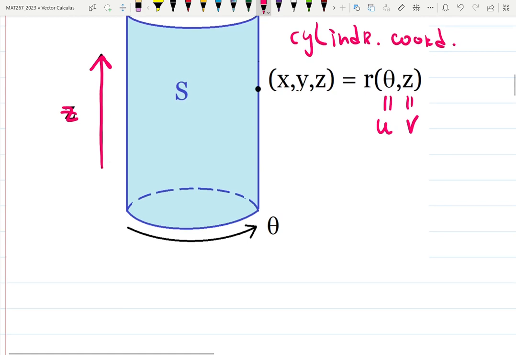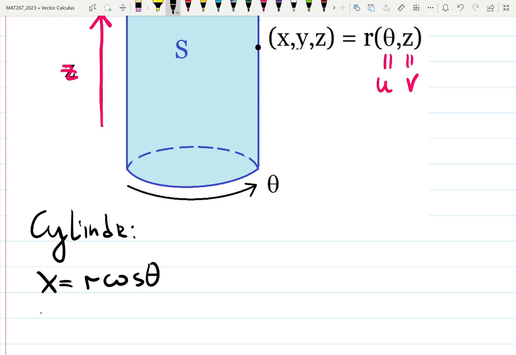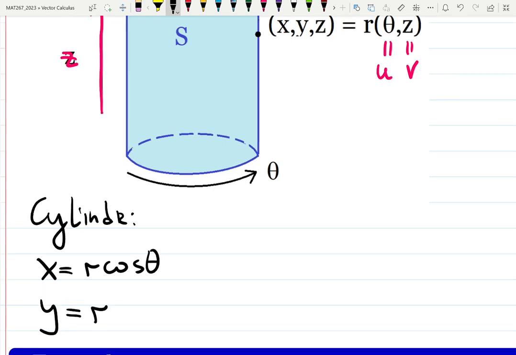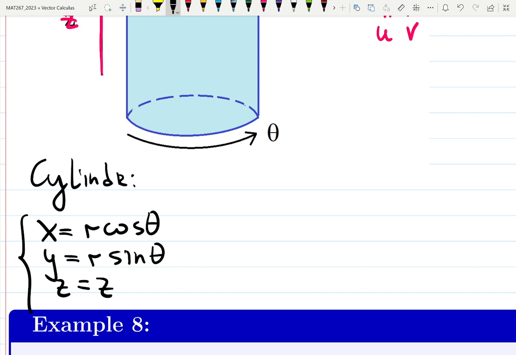So again, let me describe what I just said. We know in cylindrical coordinates, x was r cosine theta, y is r sine theta, and z is z. That's cylindrical coordinates. Well, r is fixed.